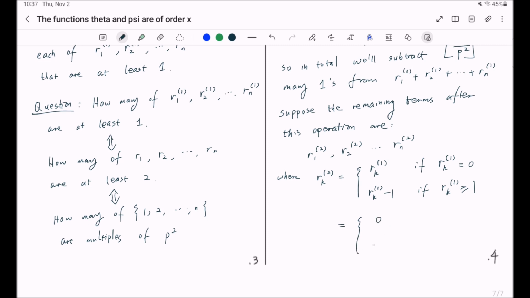And this is in turn equal to 0 if Rk is less than or equal to 2, or Rk minus 2 if Rk is bigger than 2. So this is the relation between Rk2 and Rk.